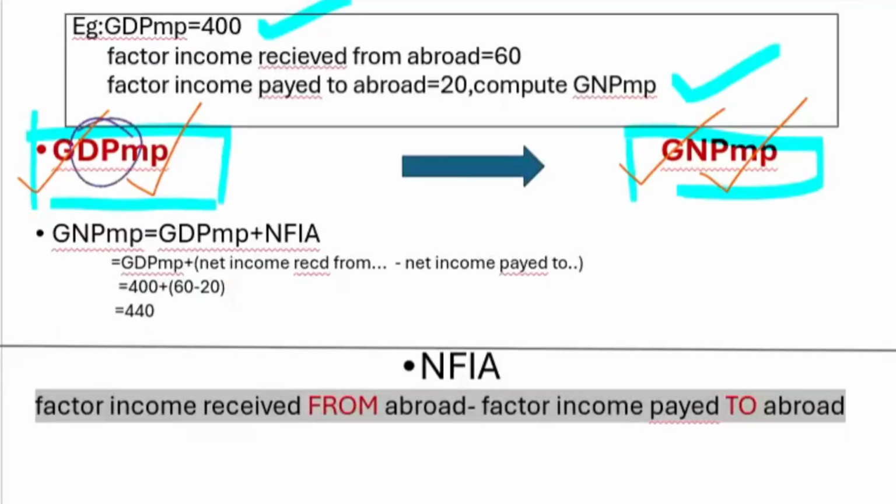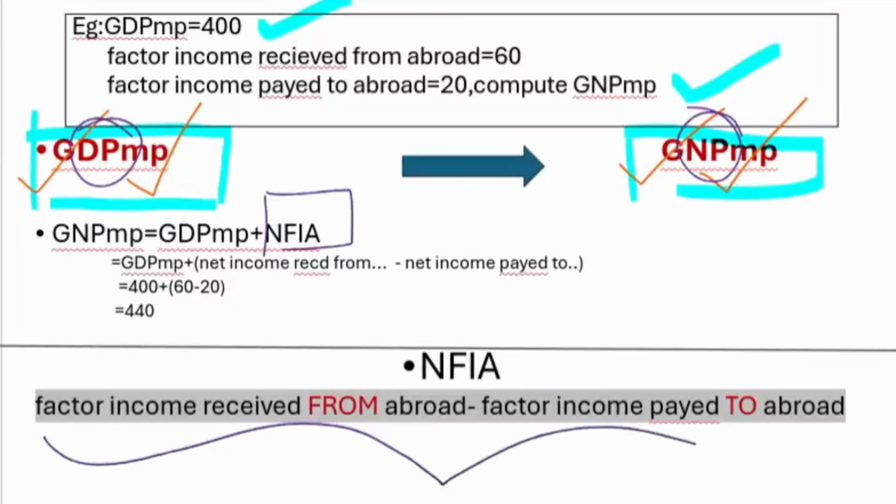So in order to convert domestic product to national product, we need to add NFIA, and it can be further formulated as from abroad, received minus paid to abroad. Why am I stressing these simple things like from address and to address is because in the examination hall, we should not be confused about what comes first. That's why. So GDPMP is directly given, then we'll add NFIA and we'll arrive at 440.